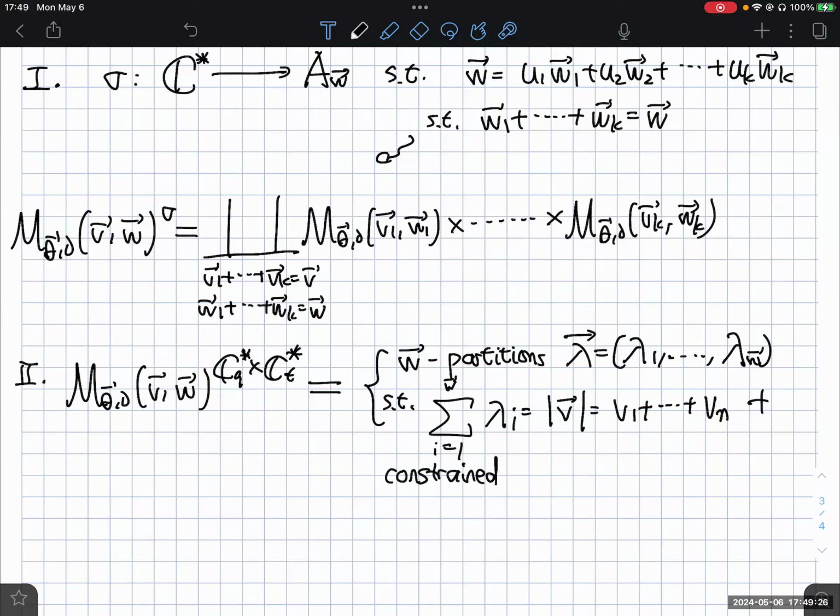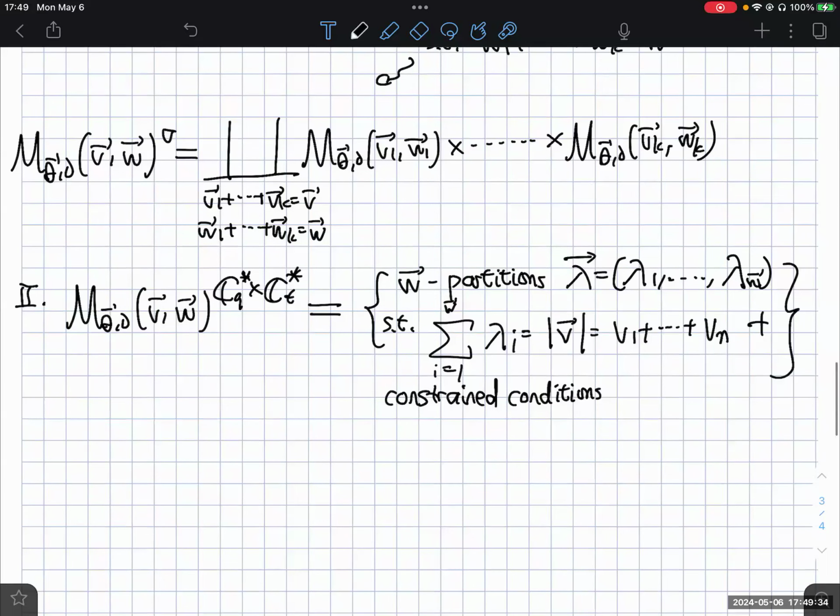I'm not going to tell you what the constraint conditions are, but I can give you one example of how to do it for these partitions.